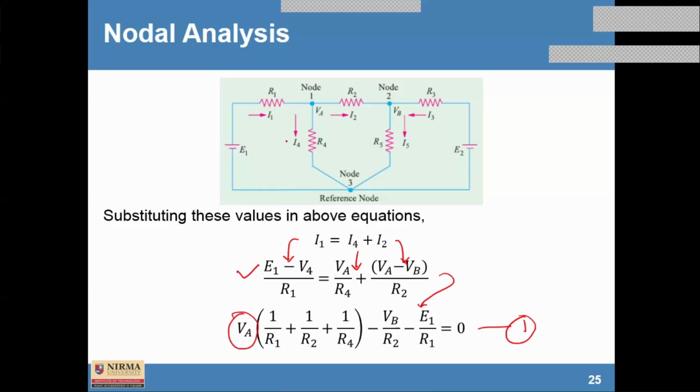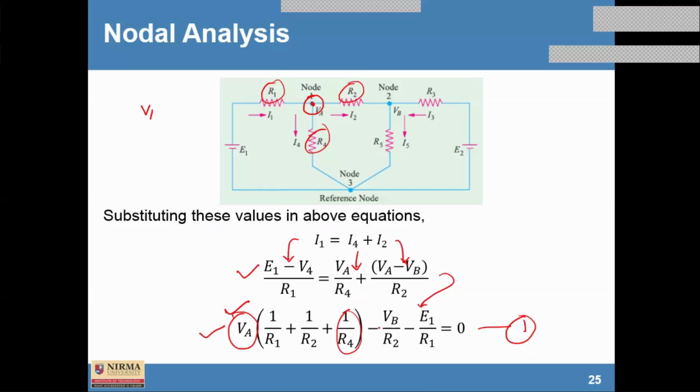Okay, now here considering this node 1, we can write the expression directly. So node 1 is having the potential of V1. So V1 is written here. Okay, how many resistors come across this node? So R1, R2 and R4. So here it is written 1 upon R1 plus 1 upon R2 plus 1 upon R4. This is a shortcut way that you have to remember.